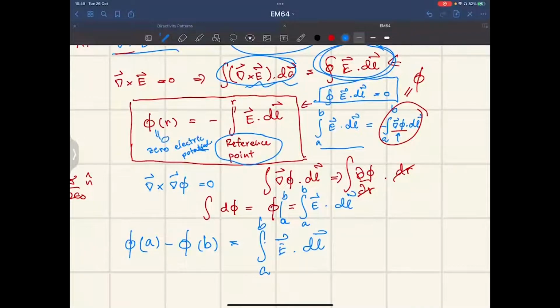Your reference point must be 0. Any questions? Okay, don't forget to put the negative sign here. I forgot it. Very sorry.